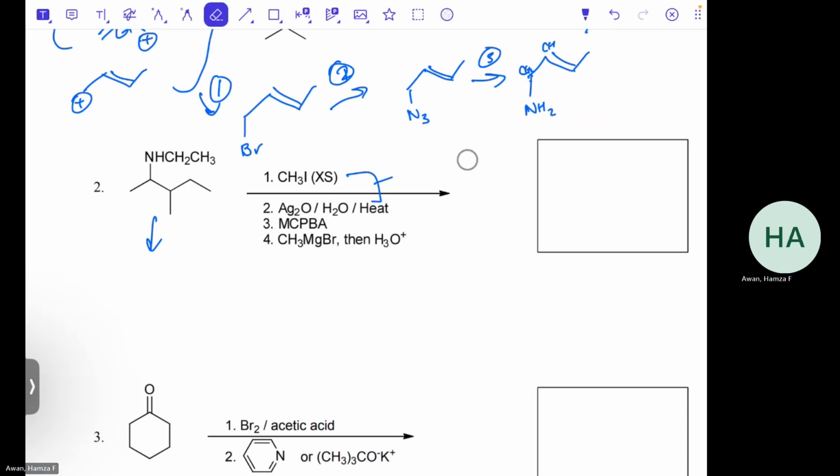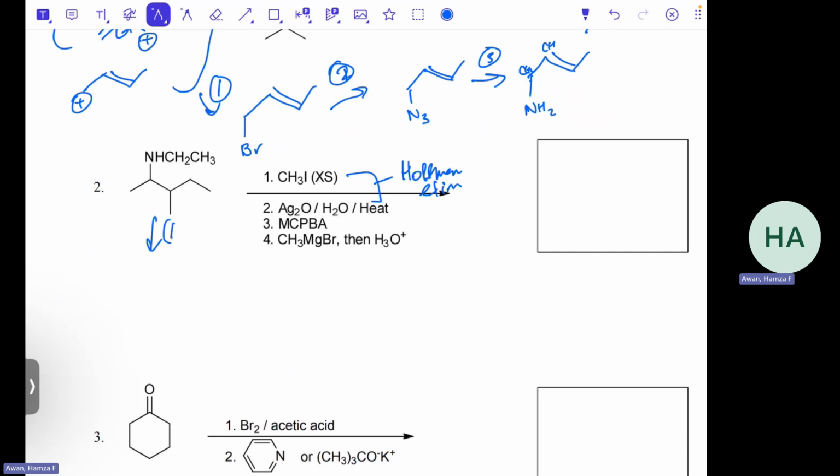The first step is not going to protonate, but it's going to add methyl groups onto the nitrogen until the nitrogen has a positive charge. And then the second step is going to act like a bulky base, and it'll create the least subbed alkene.